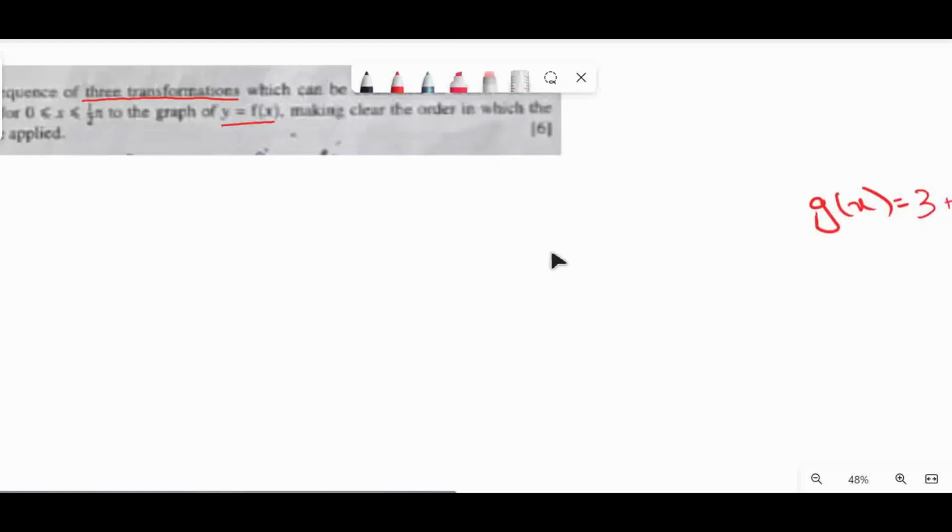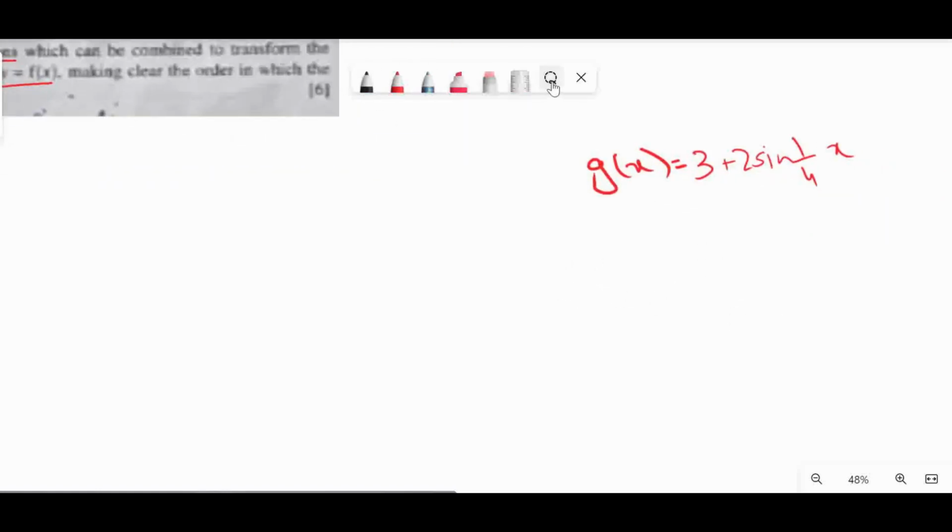Now part D is: describe fully a sequence of three transformations which can be combined to transform y equals sine of x to the graph y equals f of x, making clear the order in which the transformations are applied. Now we can see that in the previous part we discussed that this was the portion we are interested in.